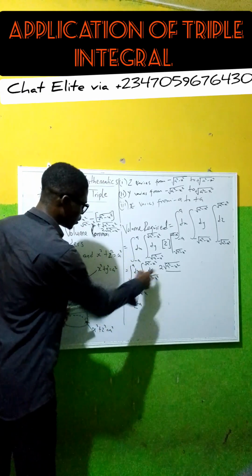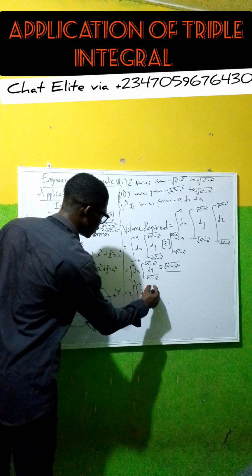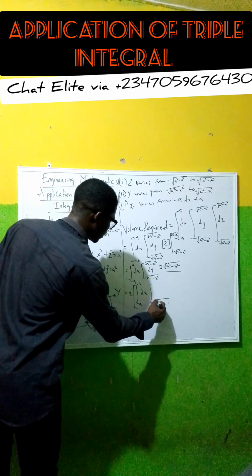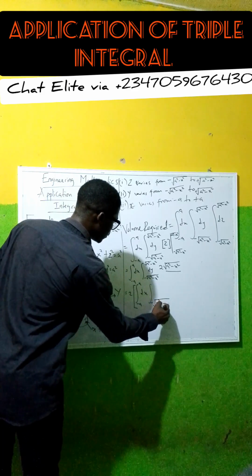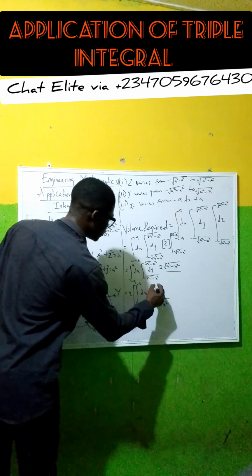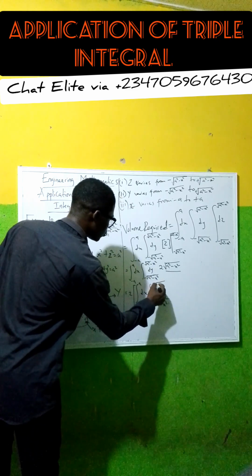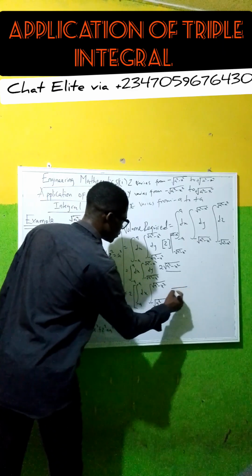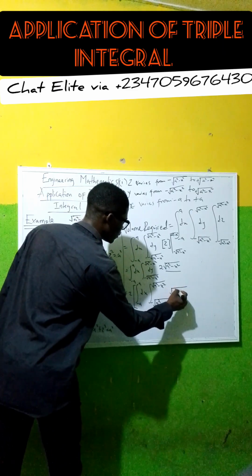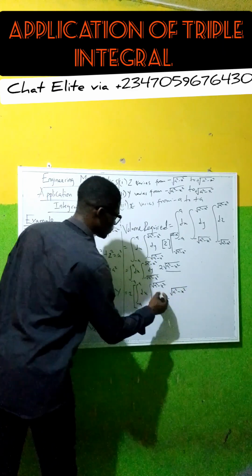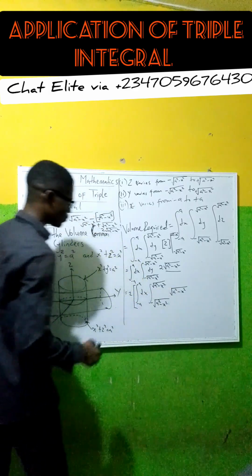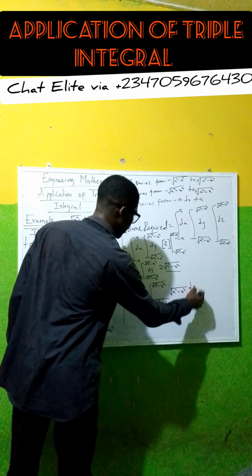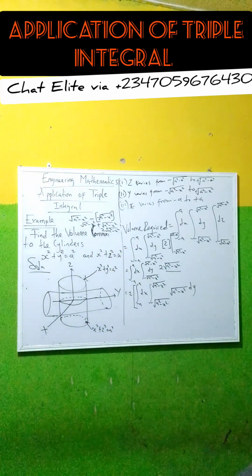I've brought out these two. So we are left with integral of minus square root of a squared minus x squared, then square root of a squared minus s squared. Alright, we are left with this guy. Alright, so we are having dy. Are we together?